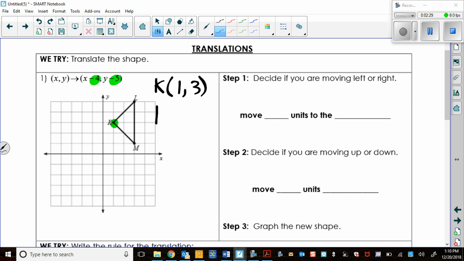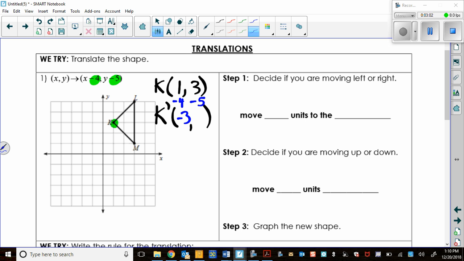Now, in order for me to get K prime, the new ordered pair, based on what I've highlighted here, I'm going to take the x value and subtract 4. 1 minus 4 will give me negative 3. Then with my y value, I'm starting with 3, but the rule is I have to subtract 5.